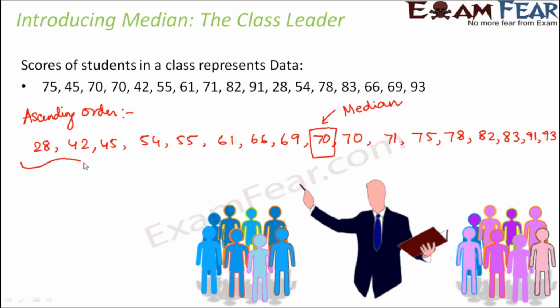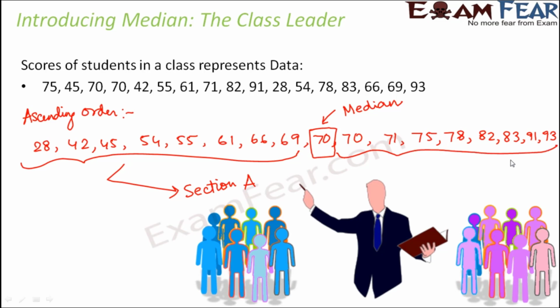That means all those who scored less than 70, all these students, they would go to section A. And all those students who scored above 70, that is all those who are after the median value, they are all going to go to section B. So this is how the teacher can divide the total number of students into two sections.